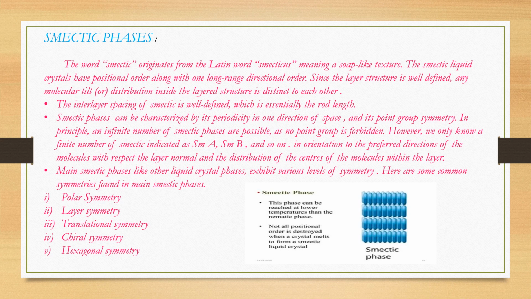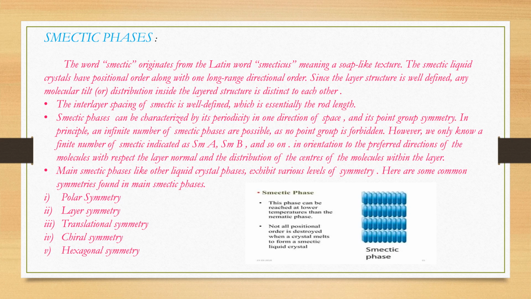Main smectic phases, like other liquid crystal phases, exhibit various levels of symmetry. Here are some common symmetries found in main smectic phases: polar symmetry, layer symmetry, translational symmetry, chiral symmetry, and hexagonal symmetry. In polar symmetry, some main smectic phases have a polar symmetry where the molecules have a net dipole moment.